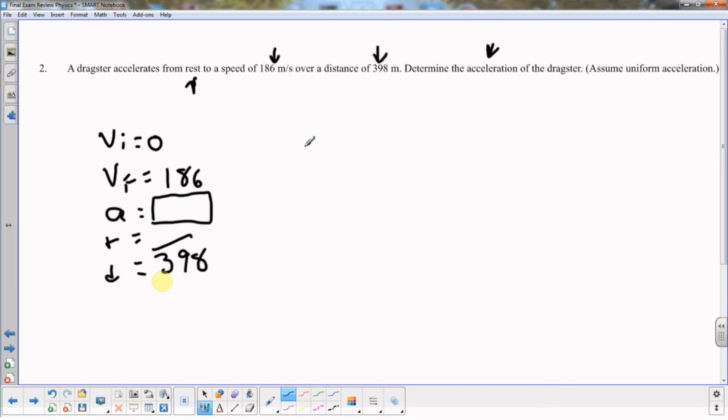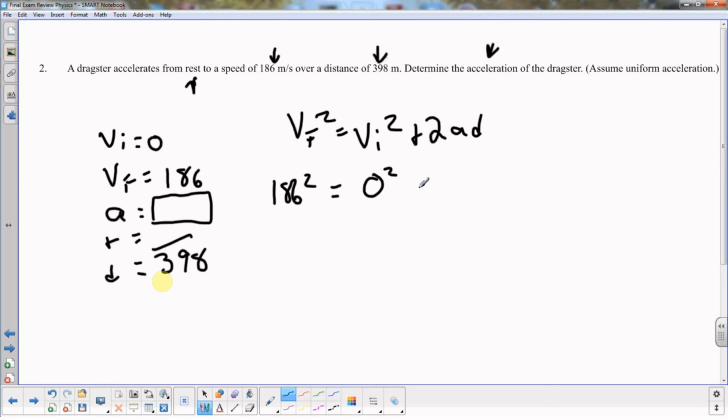Let's see here. There's got to be an equation that we can use that doesn't have time in it. I'm going to say it's VF squared equals VI squared plus 2AD. So VF is 186, squared, equals VI squared, 0 squared, plus 2A times 398.